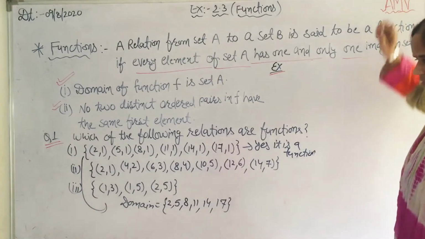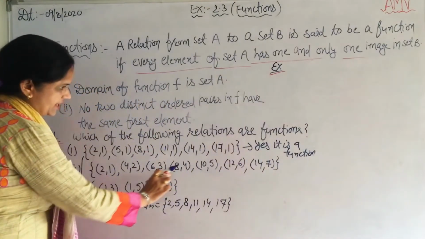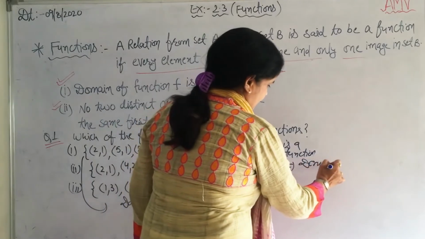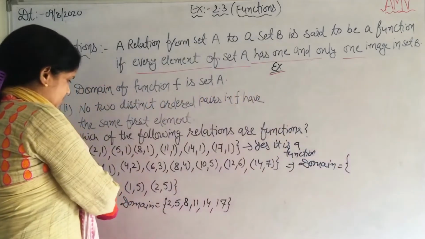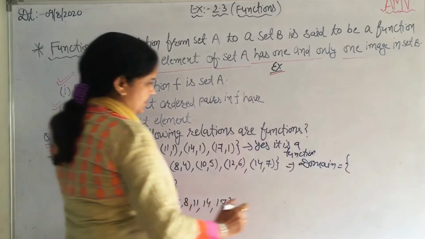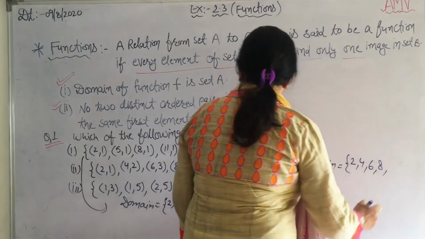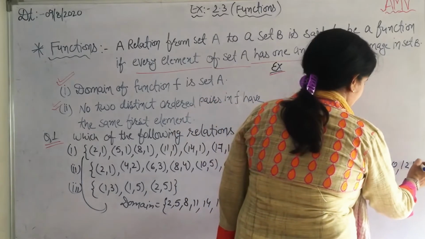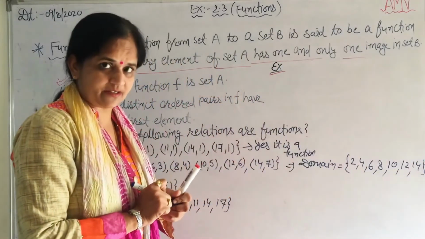Now for the second, first find the domain. The domain of the relation is 2, 4, 6, 8, 10, 12 and 14. In the question, the set is not given, students.